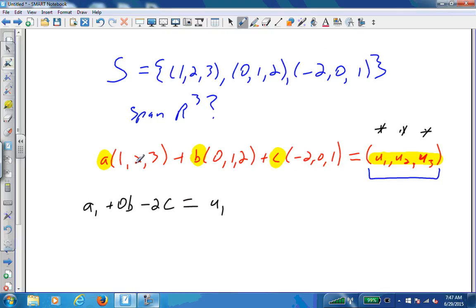And then the second elements, we have 2A's plus 1B plus no C's. That equals the second element. And then 3A's plus 2B's plus 1C. And that equals the third element.